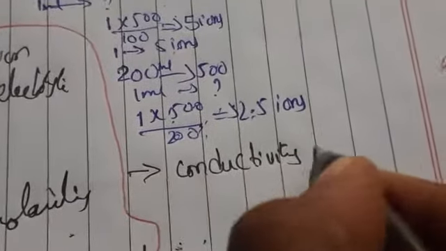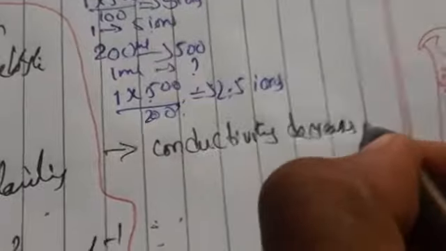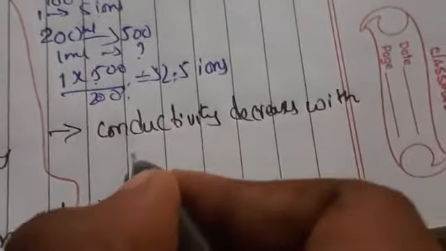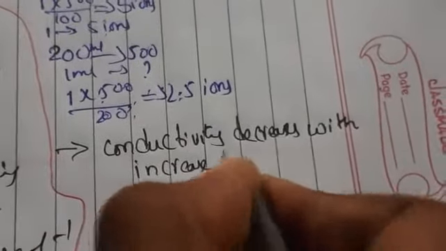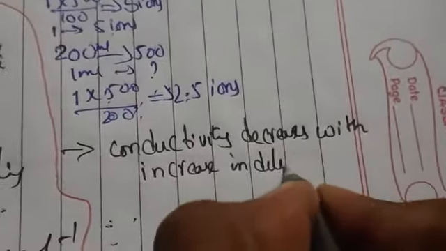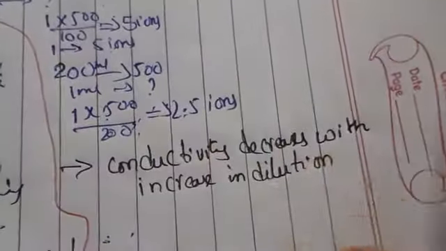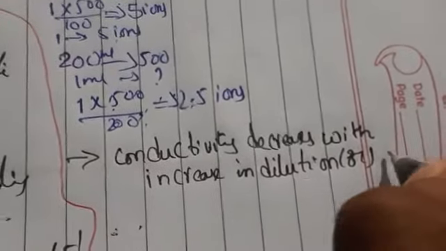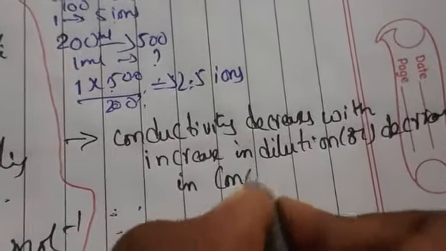By this we can say conductivity decreases with increase in dilution. If dilution increases, automatically concentration will decrease. So we can say conductivity decreases with increase in dilution or decrease in concentration.